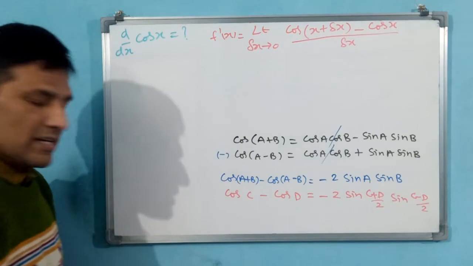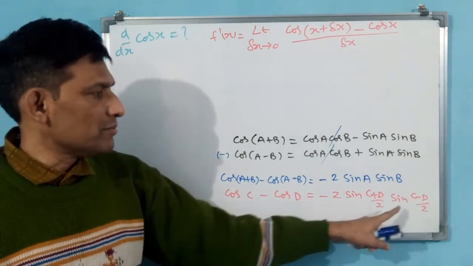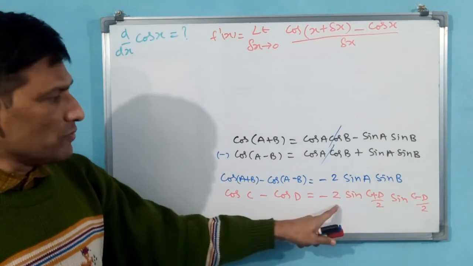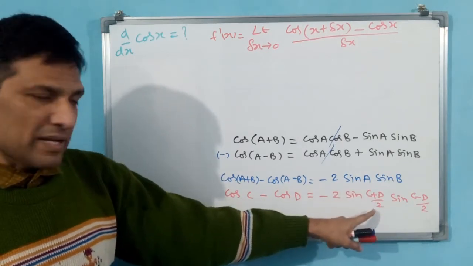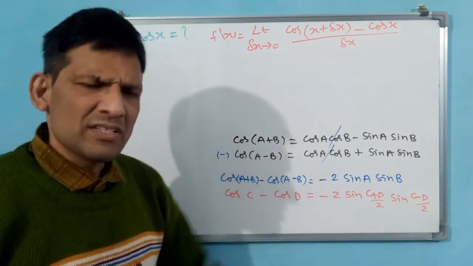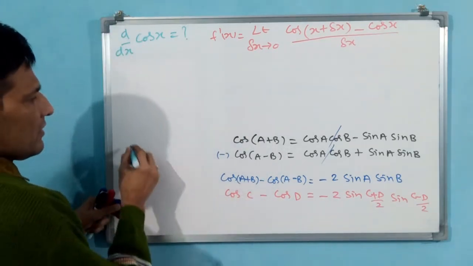Both sin, but minus 2 will come. First one plus, next one minus.